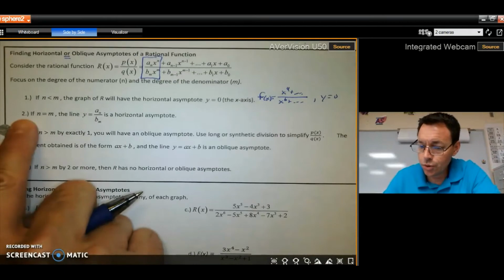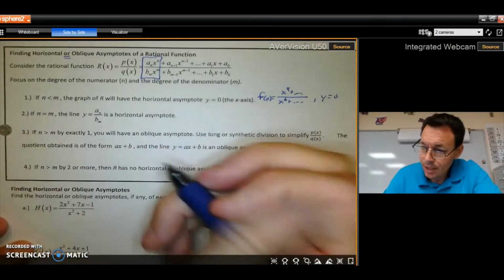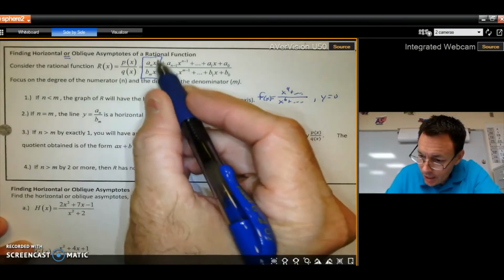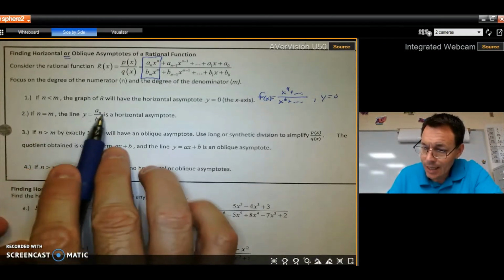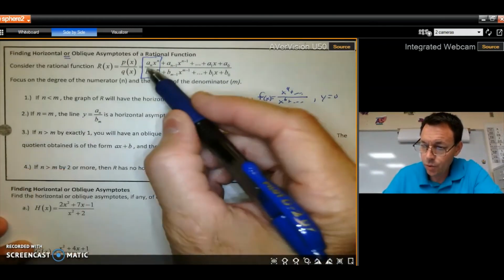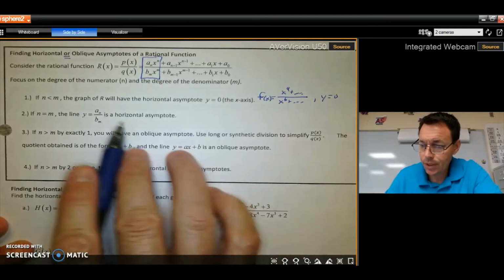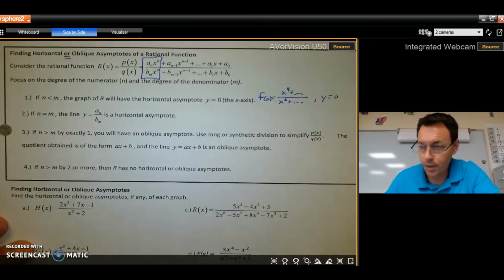Okay? Rule 2. If n equals m, if these two exponents are the same, then the line a over b, which are your two coefficients, is your horizontal asymptote. Okay?